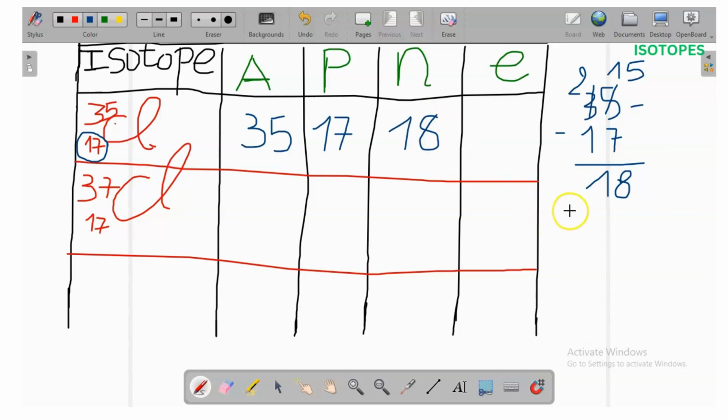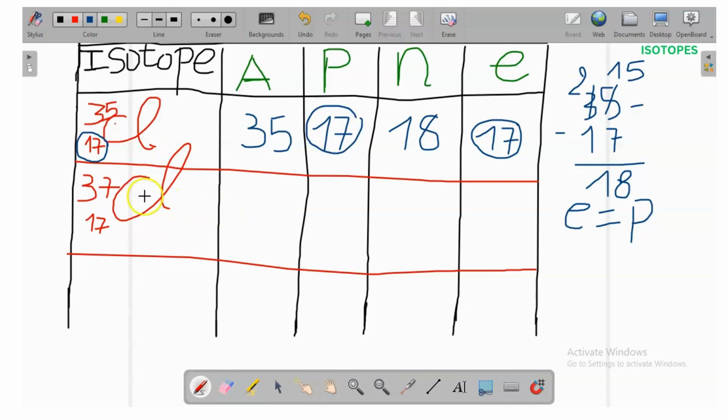Also, we know that the number of electrons is equal to the number of protons. So the number of electrons here is equal to 17, because the number of electrons is equal to the number of protons.